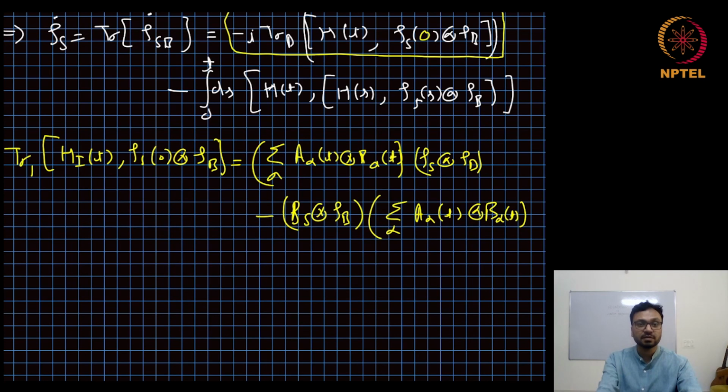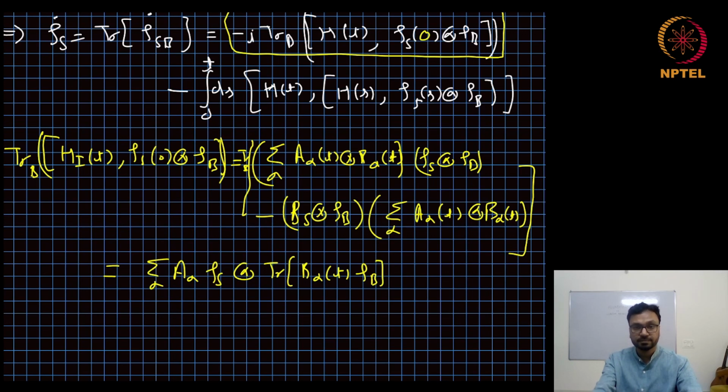And then we take the trace over the bath. When we take the trace over the bath, it becomes sum over alpha A_alpha rho_s tensor trace of B_alpha(t) rho_b, minus rho_s sum over alpha A_alpha tensor trace of rho_b B_alpha(t).